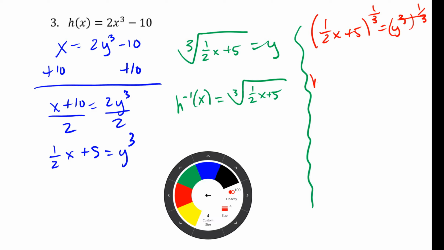So you'd be left with h negative 1 of x equals 1/2 x plus 5, all in a big parenthesis, all to the 1/3 power.